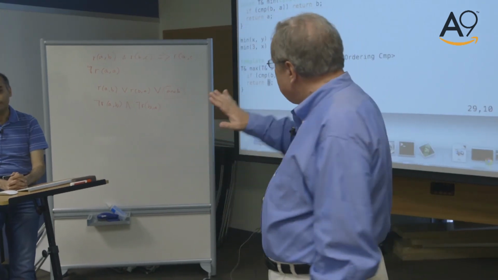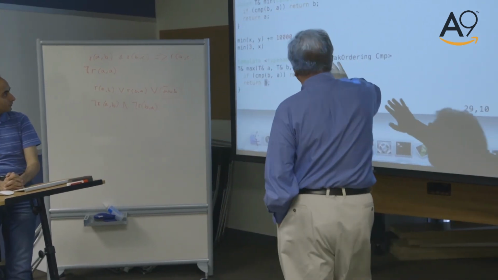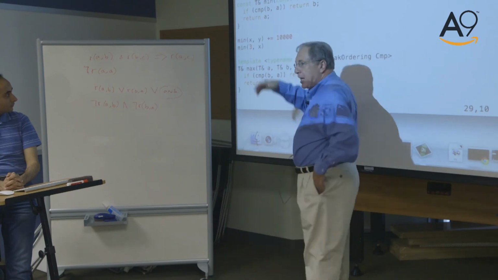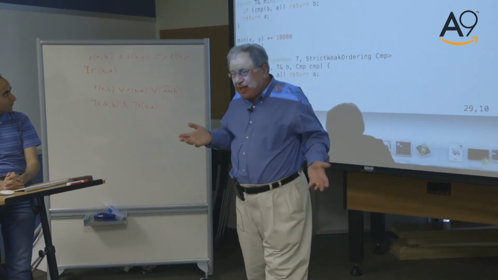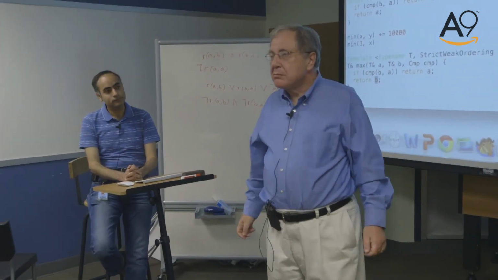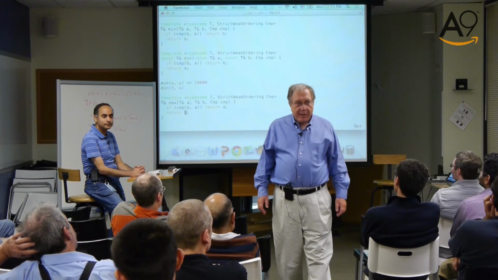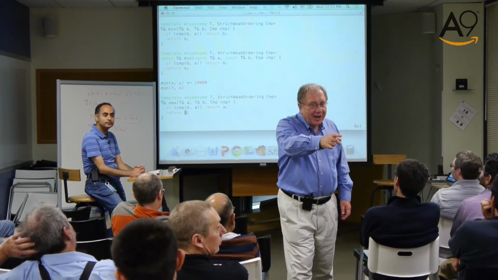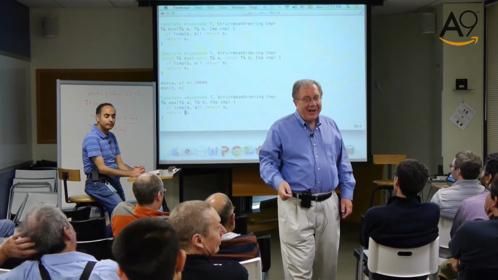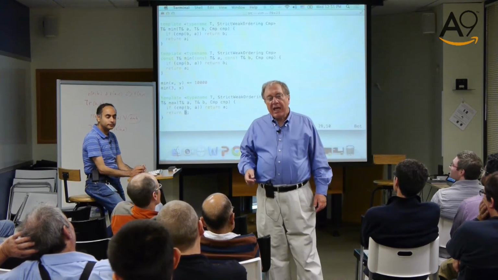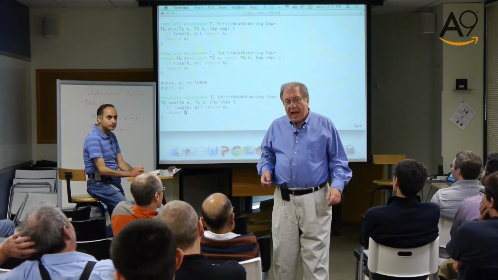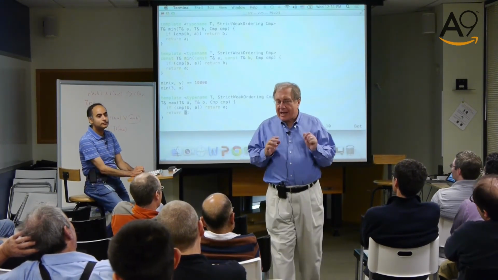So the question is, before we even get to max, looking at min, what is the meaningful thing? If they're equivalent, which one to return, A or B? I said A because it's first and B is second and 1 is less than 2. This is actually the correct argument.